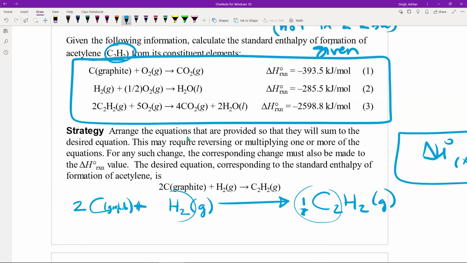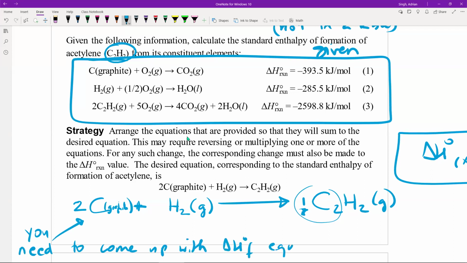So in questions like these, you actually need to come up with this equation, with a delta H of formation, and that is your target equation in this problem.